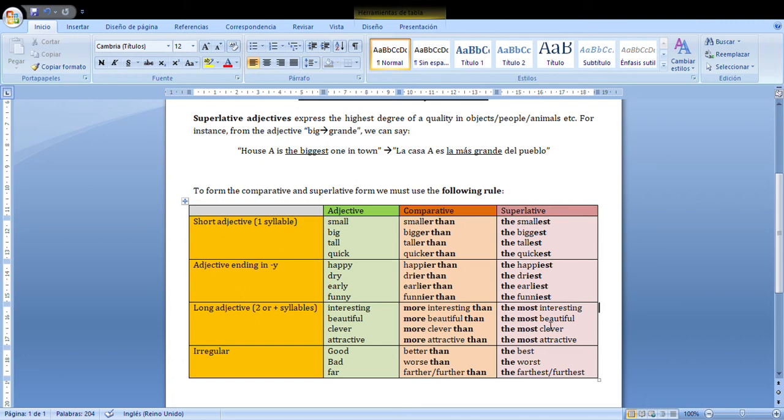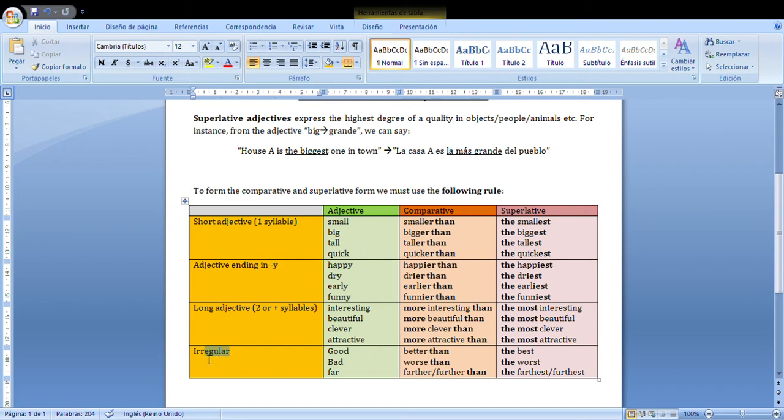You see, it's very easy. The only thing you have to do when you see an adjective is count how many syllables. 2 or more, then we are in this case. Careful, because happy has 2 syllables also. You could think, wow, we are in this case, 2 or more. Yes, but happy ends in a Y. So all the adjectives ending in Y are treated like the short adjectives, okay?